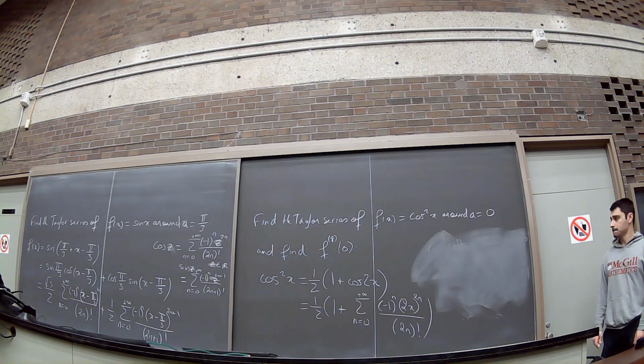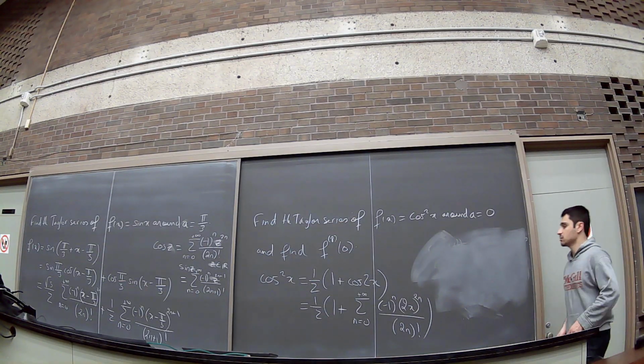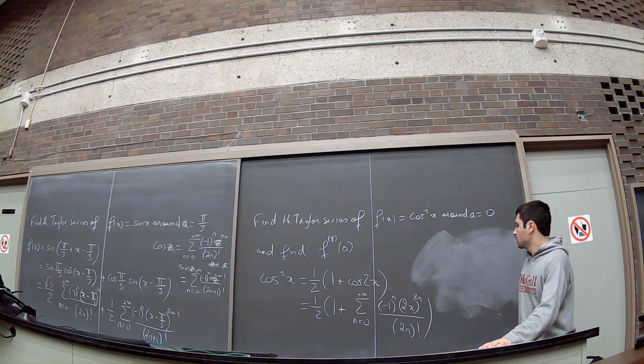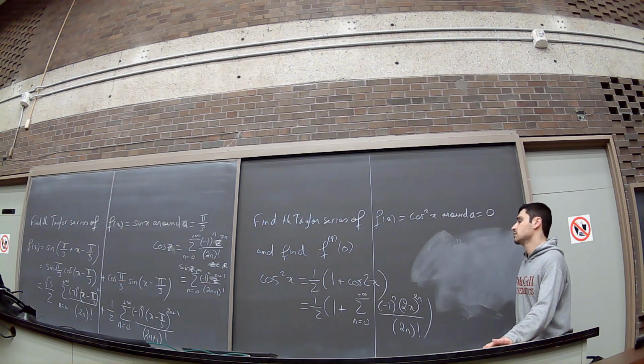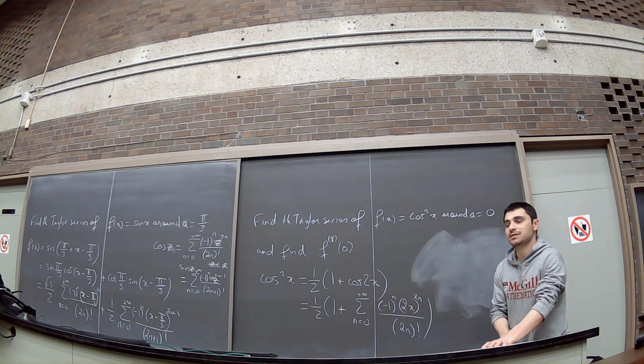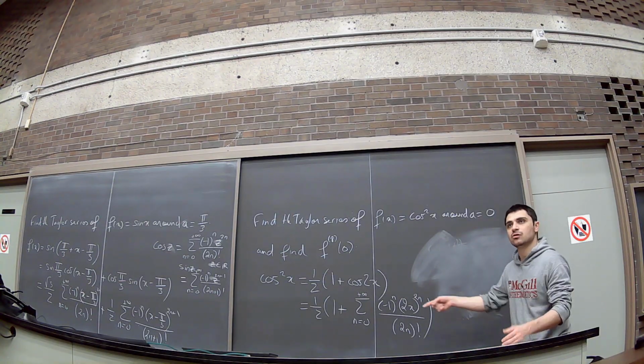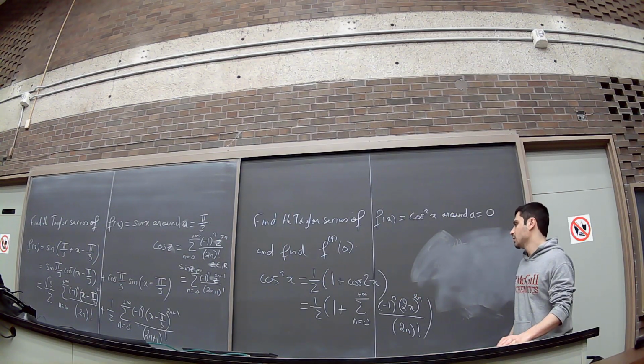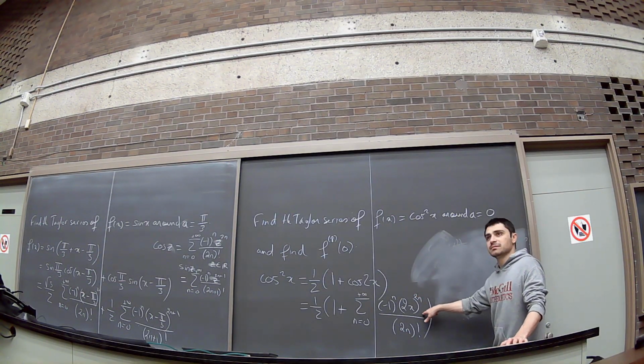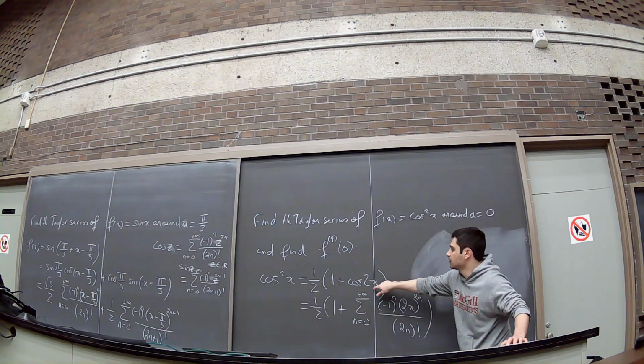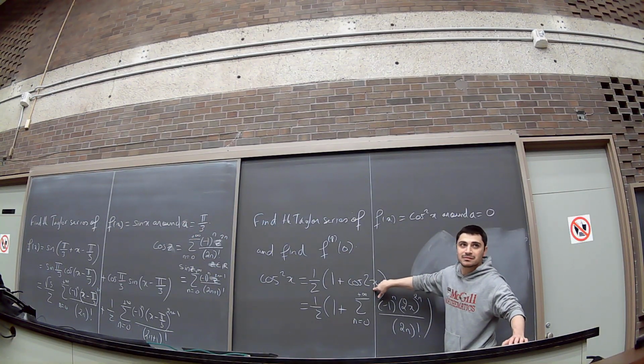Now, how do I simplify? I just have to incorporate the 1/2. What is the constant term here, by the way? So if you plug in x equals 0, what do you get here? 1, right?